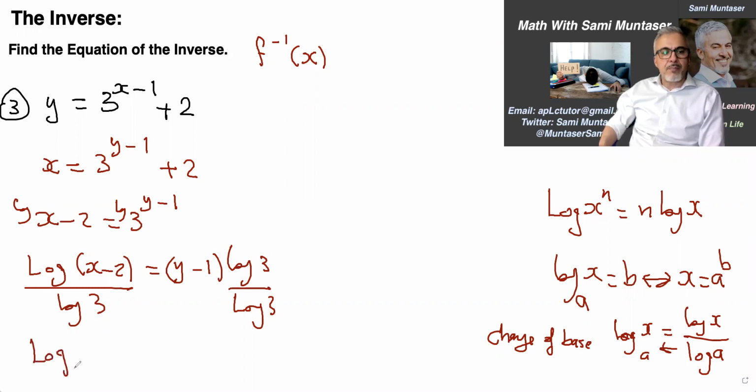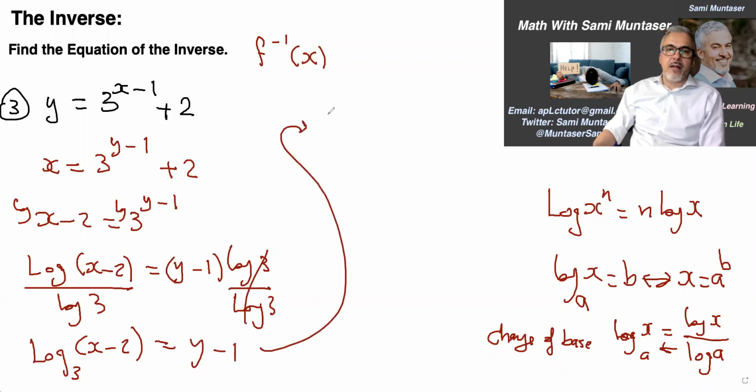So log base 3 of x minus 2 equals y minus 1. And now I'm just going to move the 1 to the other side. So you'll have log base 3 of x minus 2, plus 1. When you move it to the other side, it becomes plus 1, equals y.